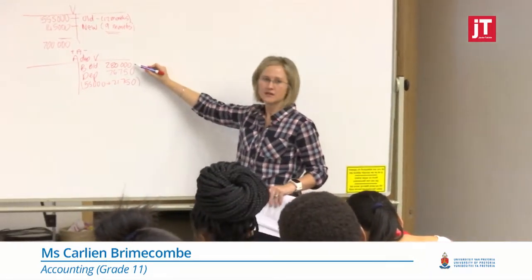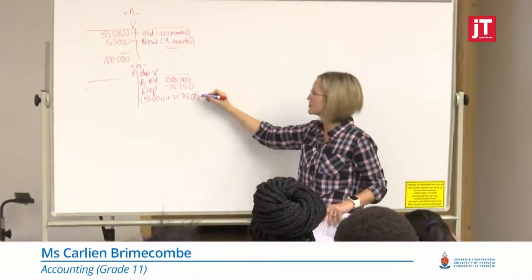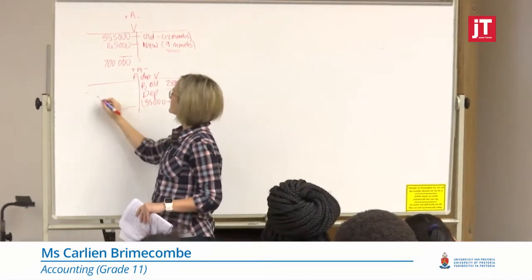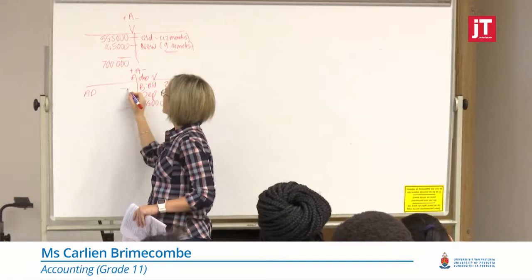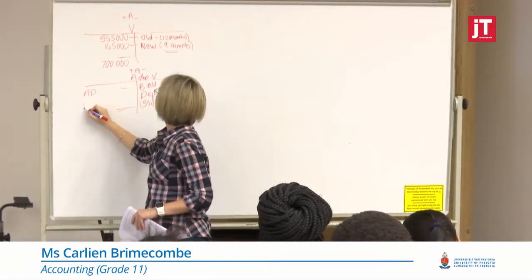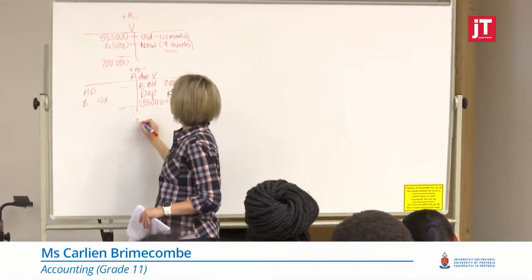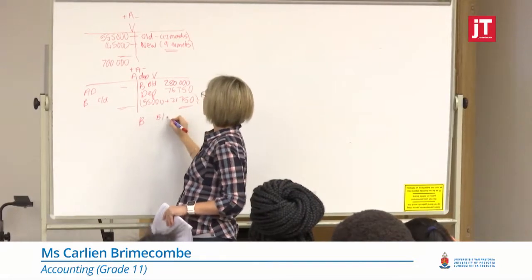So how do we get the accumulated depreciation at the end? Just take beginning plus depreciation. There was no asset disposal, so that will equal the balance carried down, means balance brought down.